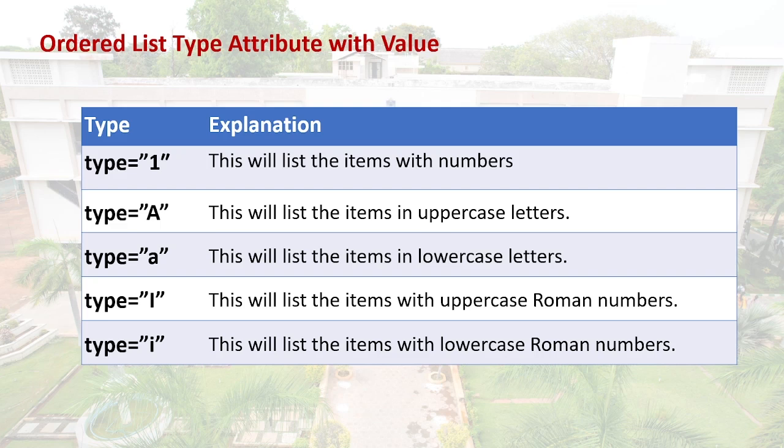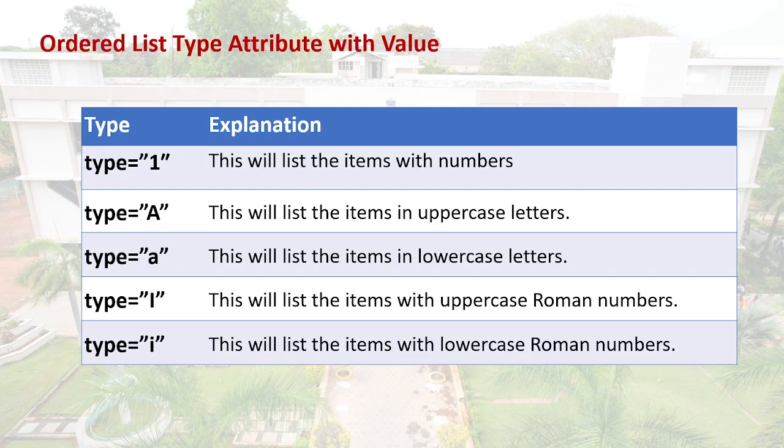The second type is equal to A. This is used for uppercase letters. This type uses uppercase letters like capital A, B, C to list items. It is useful for differentiating subsections or when you want an alphabetical order.